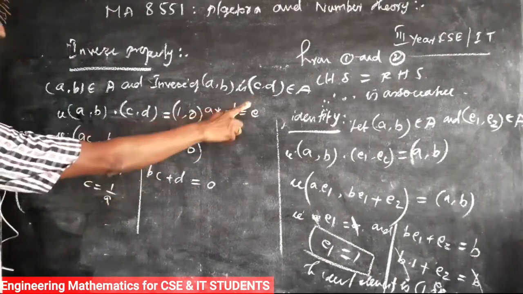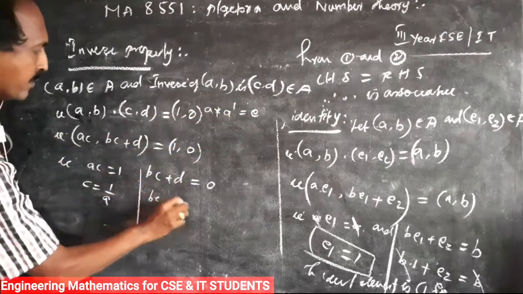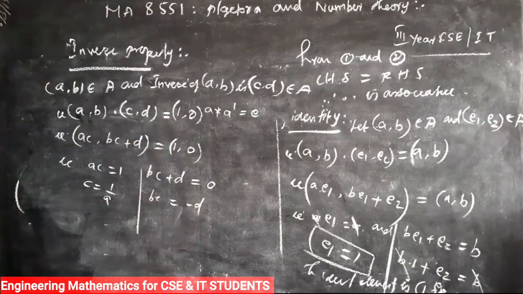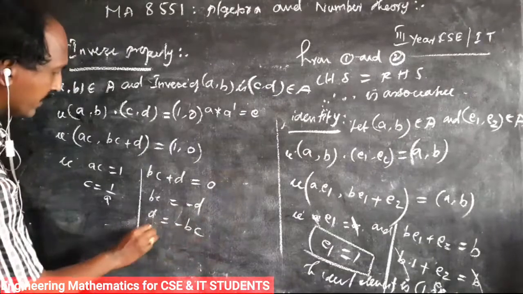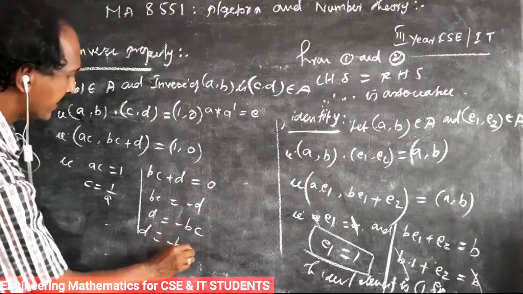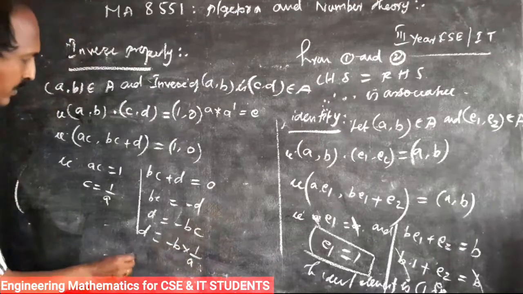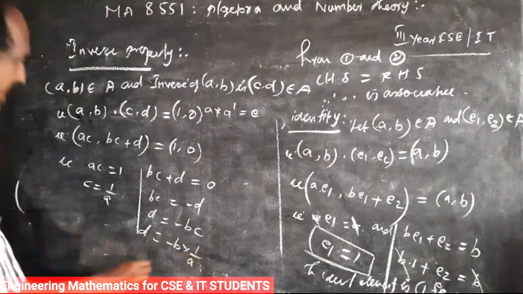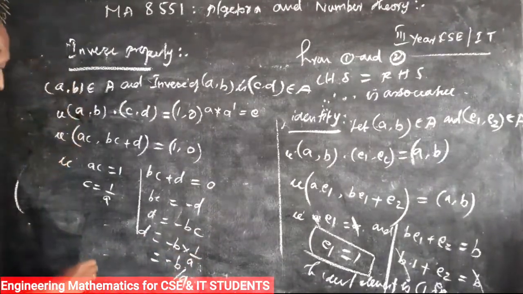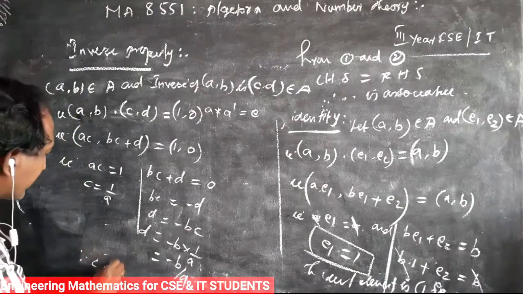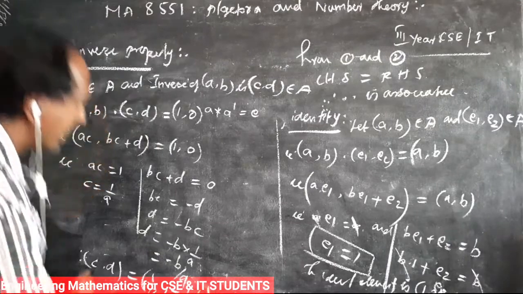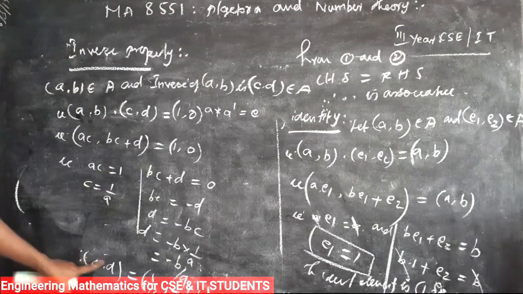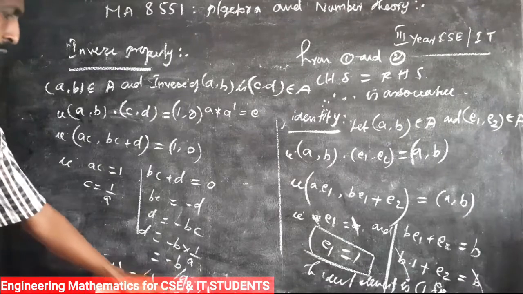Then you find the d value. So bc equal to minus d, so d equal to minus bc. So d equal to minus b into 1 by a, so d equal to minus b by a. Therefore c comma d equal to 1 by a comma minus b by a.